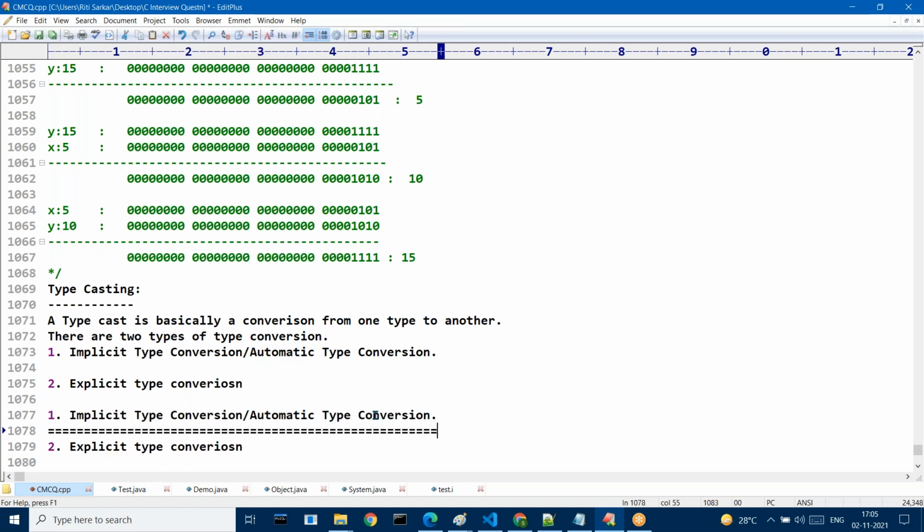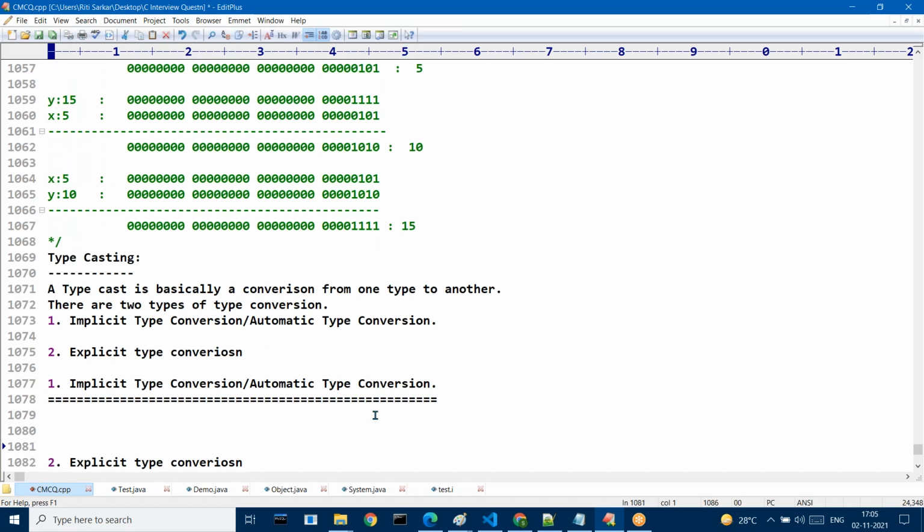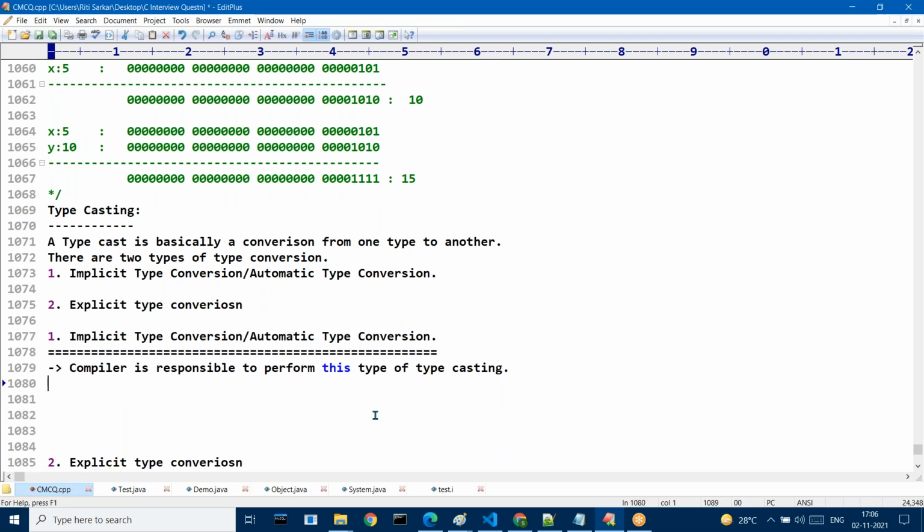Now, what is implicit type conversion? What do you mean by implicit type conversion? Implicit type conversion means we are not responsible. The compiler is responsible for performing this type of typecasting. We will not do anything. Everything will be taken care of by the compiler.